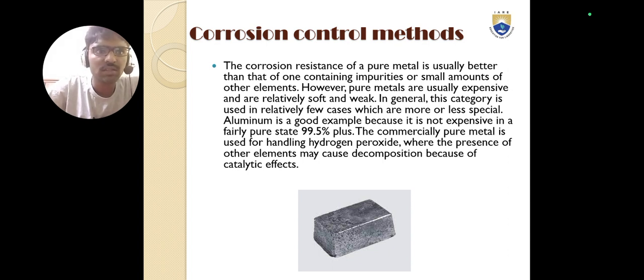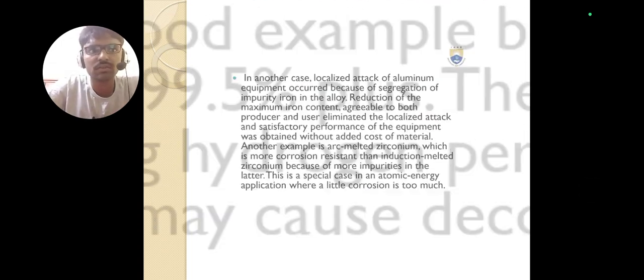Aluminium is a good example because it is not that expensive in a fairly pure state, 99.5% plus. The commercially pure metal is used for handling hydrogen peroxide, where the presence of other elements may cause decomposition because of catalytic effect.